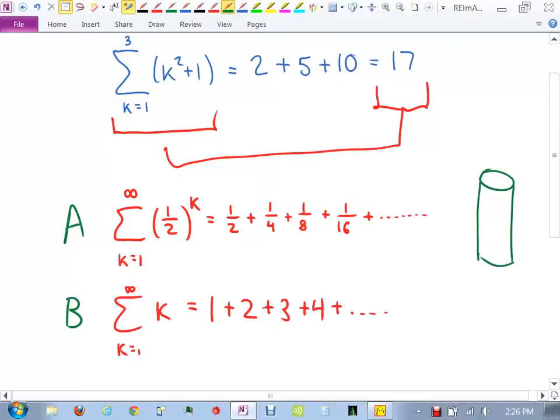Imagine you have a cup, and the first thing you add to it is you fill it halfway, right? And then the next thing you do is you add 1/4 of a cup to it, right? So now that puts you up here. So there you've got your 1/2 with your 1/4 on top of it. Now you add 1/8, which is half of that, which puts you up here now, right? Then you add 1/16, which is half of that. And you keep doing that forever, don't you? You'll never overfill this cup.